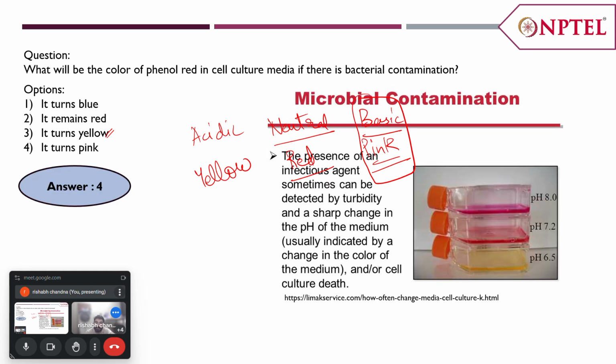And here is the explanation. For example, there is an infectious agent. This increases the turbidity of the medium and causes a sharp change.